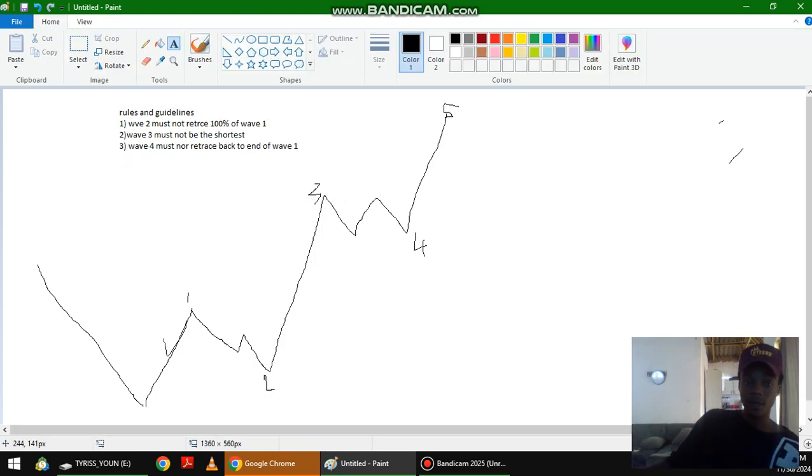So let me explain each and every guideline. The first guideline says wave 2 must not retrace 100% of wave 1. Where is our wave 2? Wave 2 is this first move that is opposing this move to the upside. It must not retrace back to 100%. The 100% level means it should not retrace back to the start of this wave, which is over here. It should not go below.